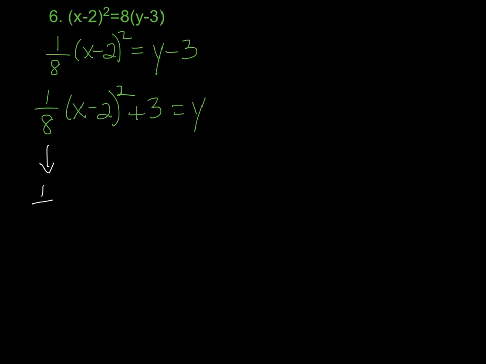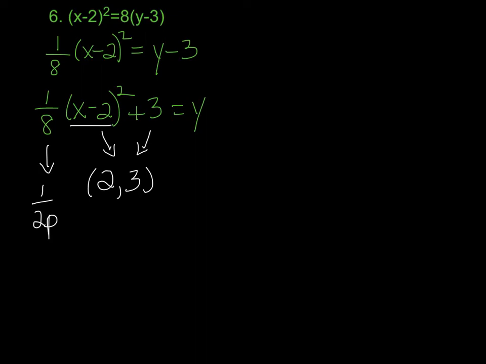So this is 1 over 2p. And p represents the distance from the focus to the directrix. Next, if we look at these values here, they represent what we call our h and our k, which are the coordinates of the vertex of the parabola. So we always change the sign of what's inside the parentheses, so that's going to be a positive 2, comma, 3.